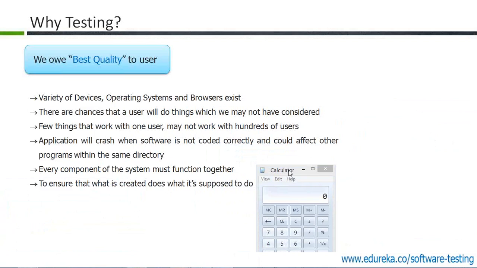As a tester, for any application that comes into our hand, we have to ensure it has been tested across all the browsers and all the operating systems, and give a confidence level that this application is good to go. We call this compatibility testing. There are also chances that a user will do things which we may not have considered.